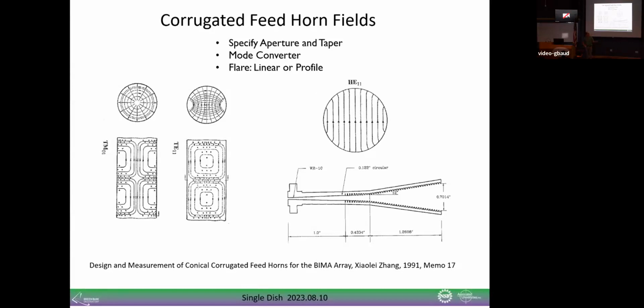So if you're thinking of a transmitting case, the waveguide has the lowest order mode, and that kind of sets the bandwidth of the receiver. It propagates through this part of the feed until you get to the mode converter, where these two modes are generated and then phased up. Then the feed part of it is just the flare angle, which determines what the far field pattern at the aperture is going to be.